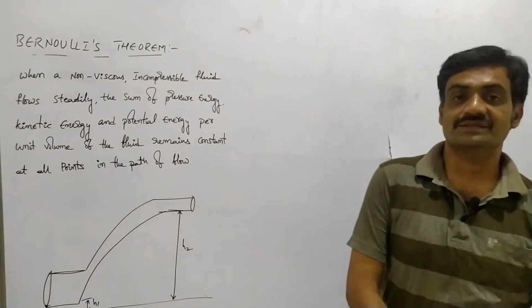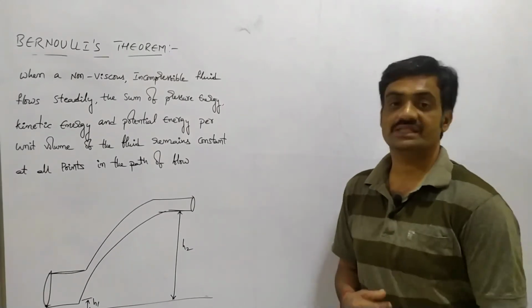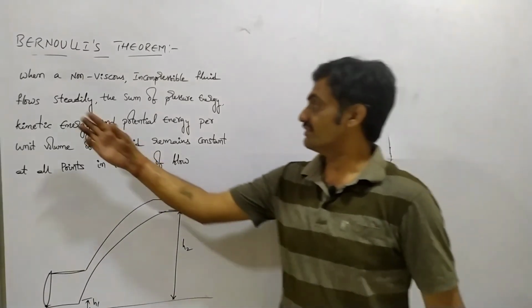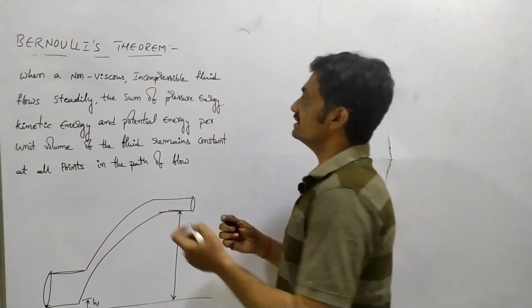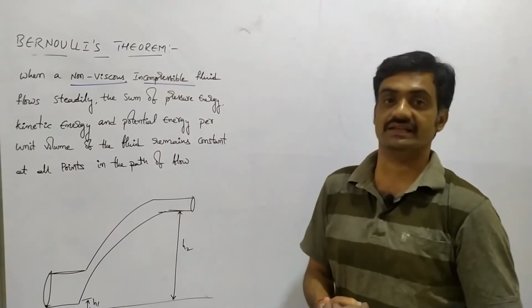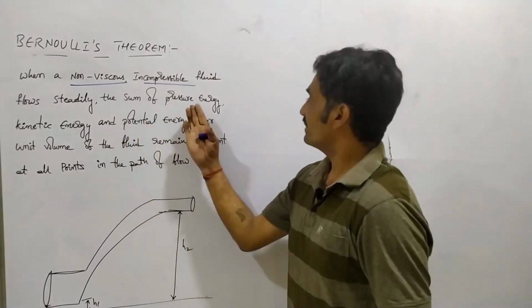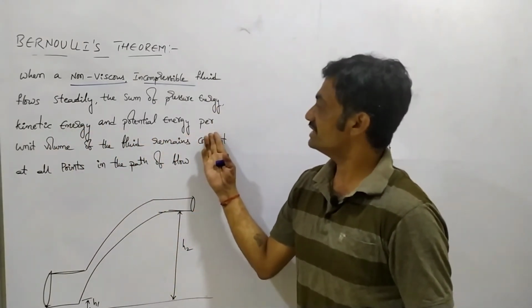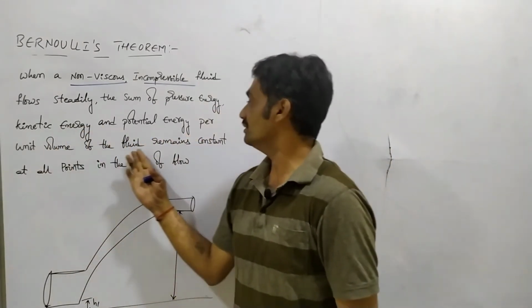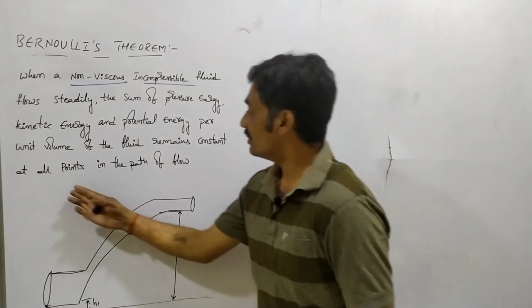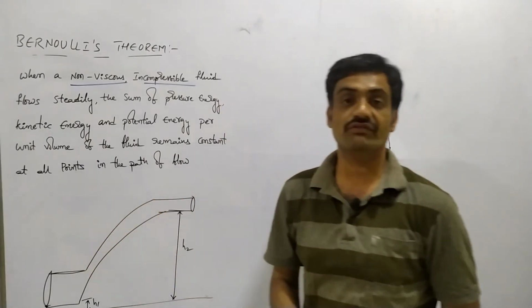Now we are going to discuss Bernoulli's theorem, and this theorem is explained based on the equation of continuity. Observe the definition. When a non-viscous incompressible fluid flows steadily, the sum of pressure energy, kinetic energy and potential energy per unit volume of the fluid remains constant at all points in the path of flow.